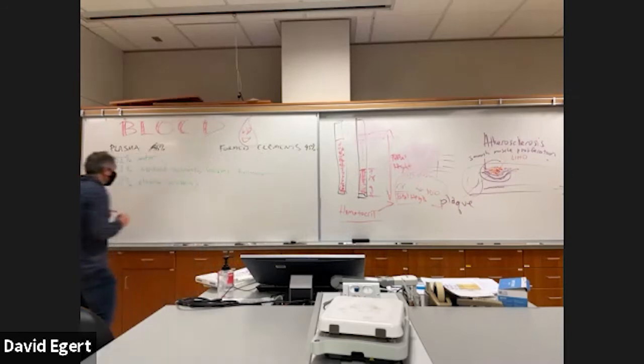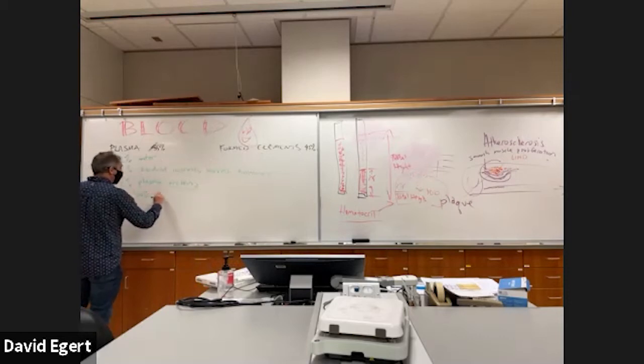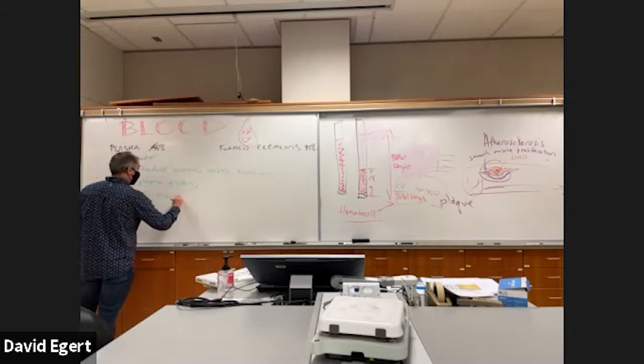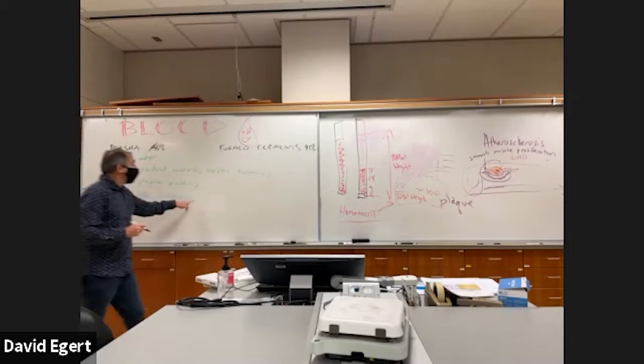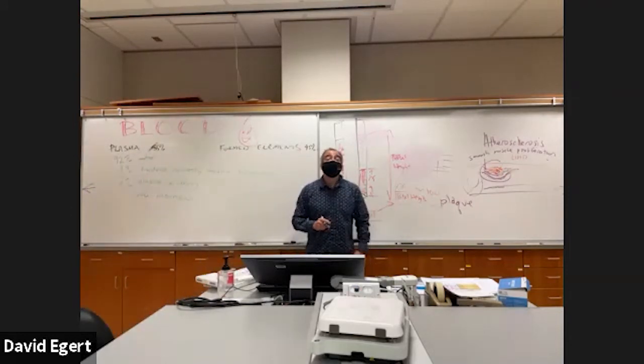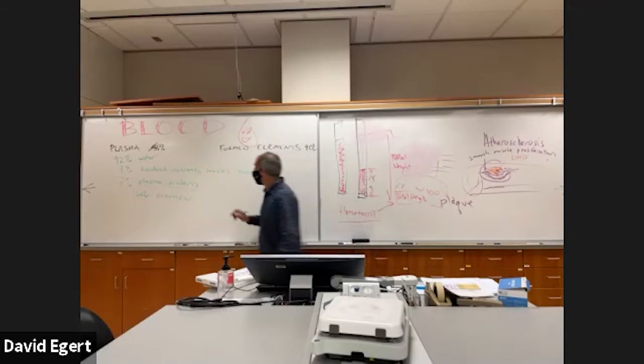The main one, maybe 60% of this, is albumin. Albumin is just a protein. One of the things it does is help preserve the osmotic balance between the plasma and the cells.